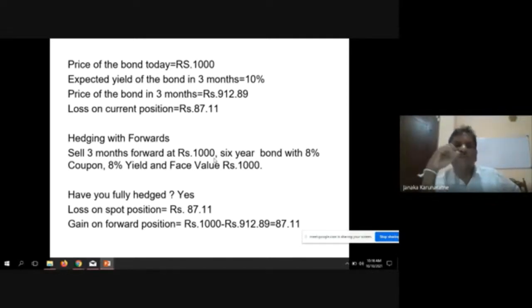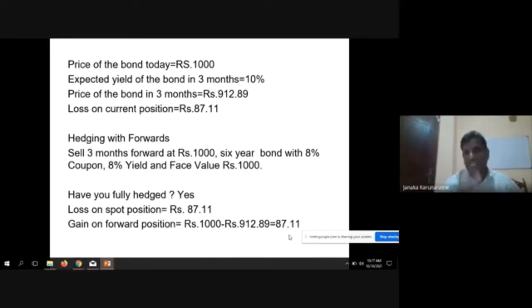But what is the market price at that time? 912. How do you settle the contract? By buying in the market at 912.89. So on your forward position, you end up with a gain of 87.